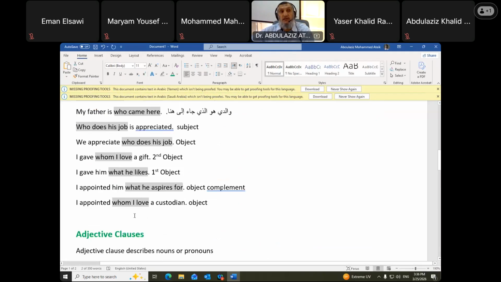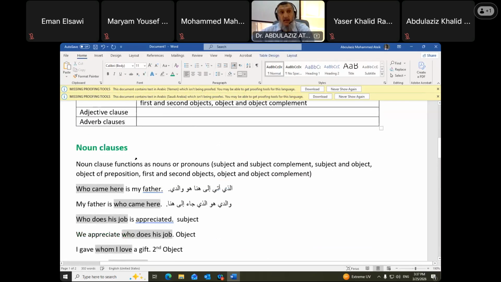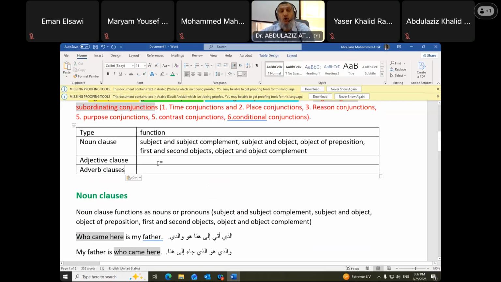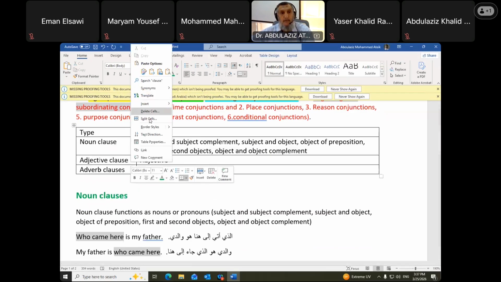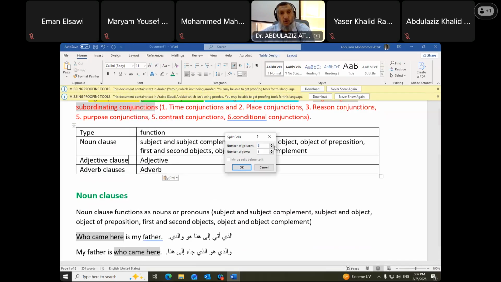phrase, noun, one word, okay? These are names for types. Adjective clause, the function is adjective. The adverb clause, the function is adverb. Okay? So remember this. Also, if you have adverb phrase, it's here. Split. No columns. We need rows.